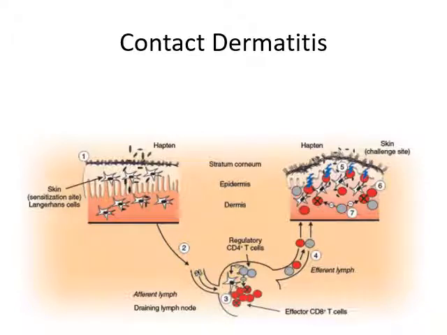Now the same antigens are processed by immune cells and effector CD8 cells are manufactured. So when there is a second exposure of the same hapten or chemical on skin, the stimulated effector cells are already present, and they would mount an immune response.